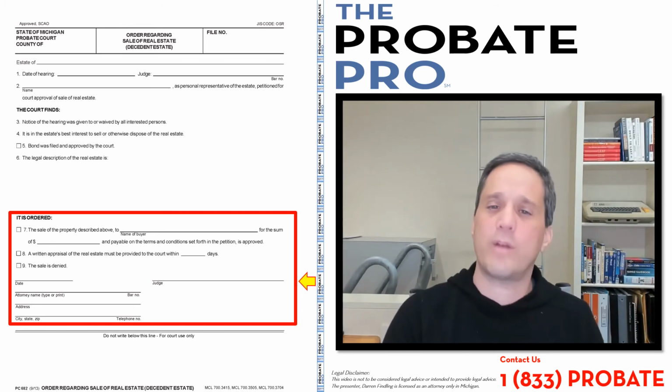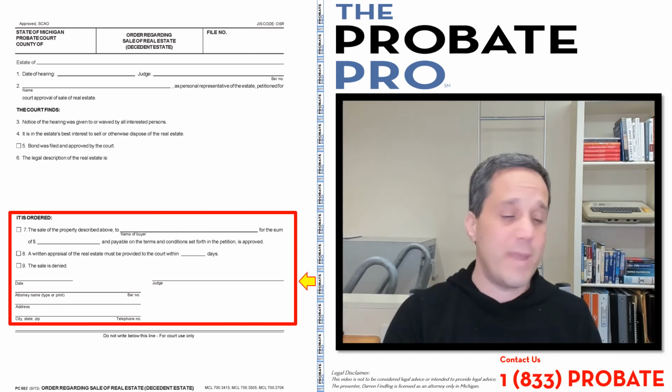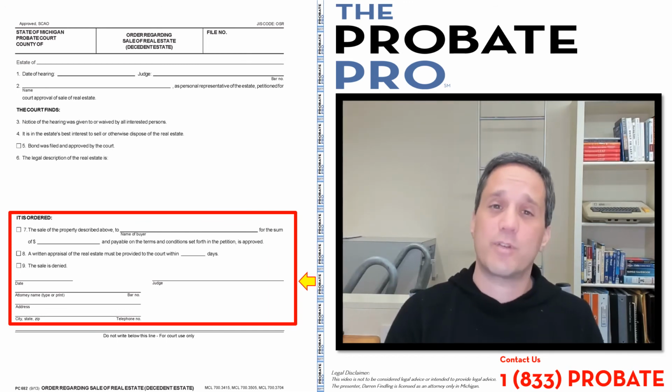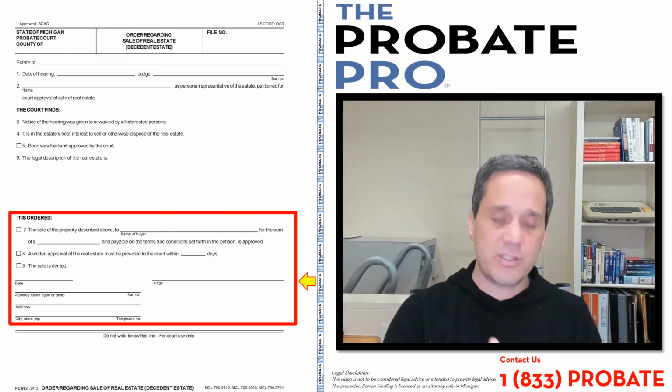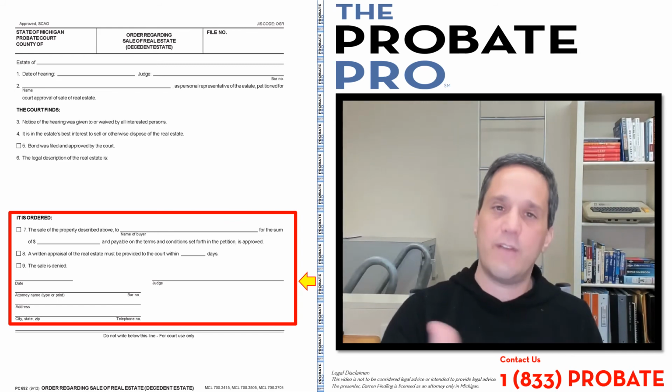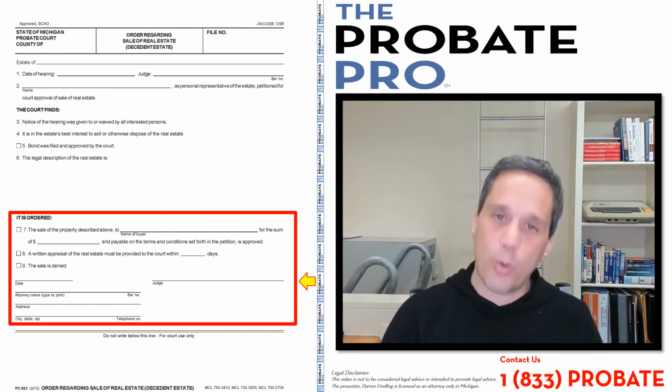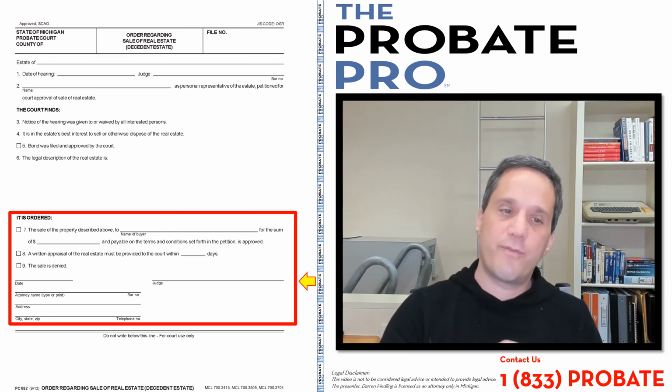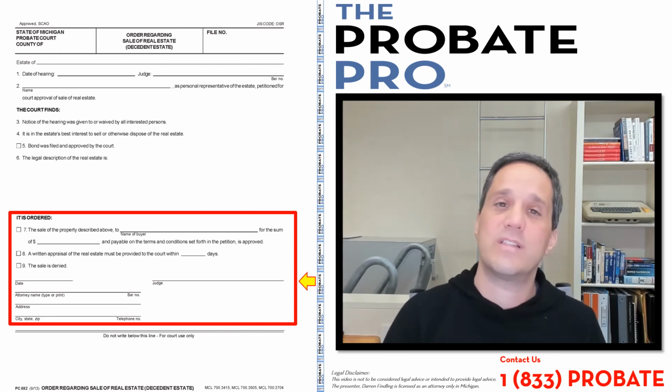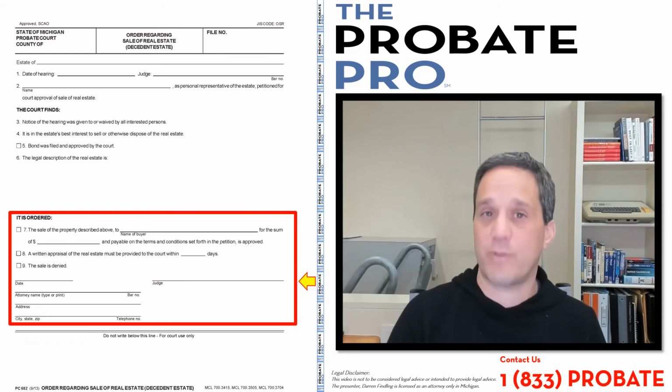So it's really important that you complete this correctly. You may need a certified copy of it for some counties to be able to record it. And then this order is giving the authority for the estate, for the personal representative, for the right to sell the property to the buyer as reflected.